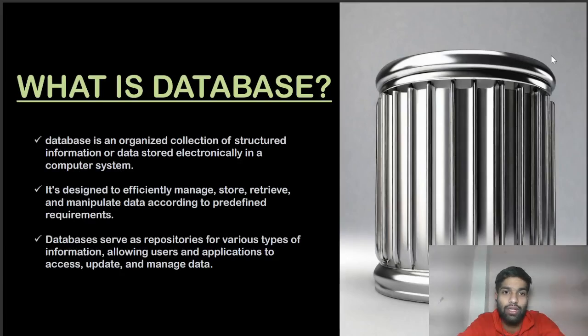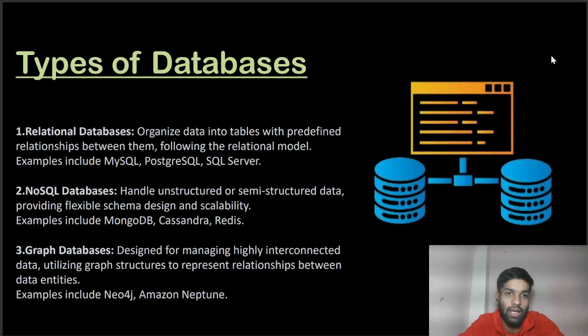Firstly, the question comes: what is the database? A database is an organized collection of structured information or data stored electronically in a computer. So a database is just a collection of relational data in an organized way. So this is database, and here are the types of database.